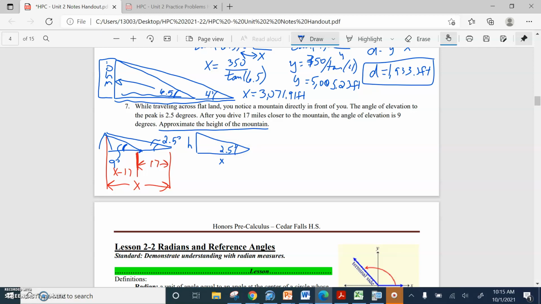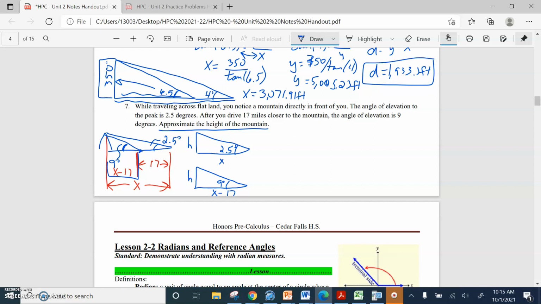Next triangle, same height, a little bit closer, but I'm still going to have to draw a big picture. And that distance down below, that's x minus 17, because that's this distance right here.